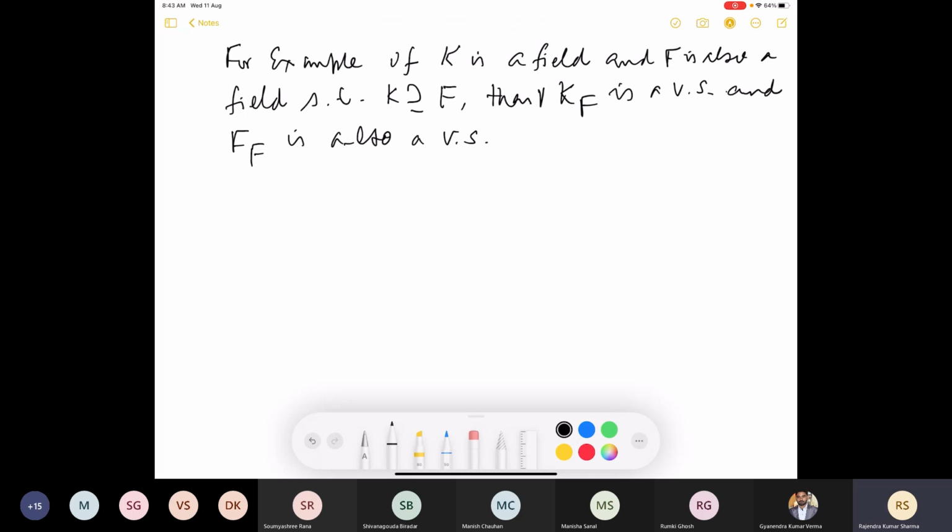Naturally, here, if you call this V and this W, then W is a subspace.